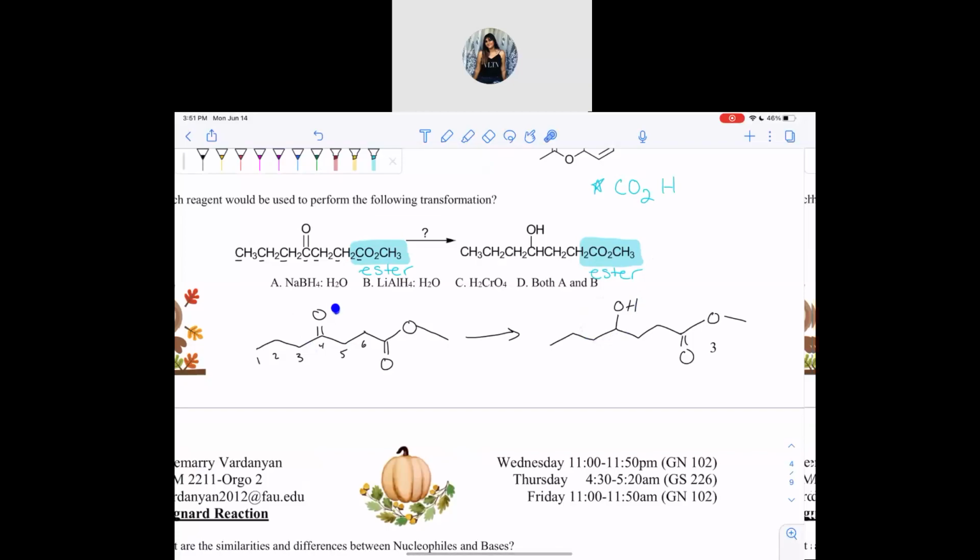So what's it called when we go from a double bond to oxygen to a single bond? Well, yes, it was protonated, that's true, but reduction, yes, that's the one I was more looking for. So we did a reduction.